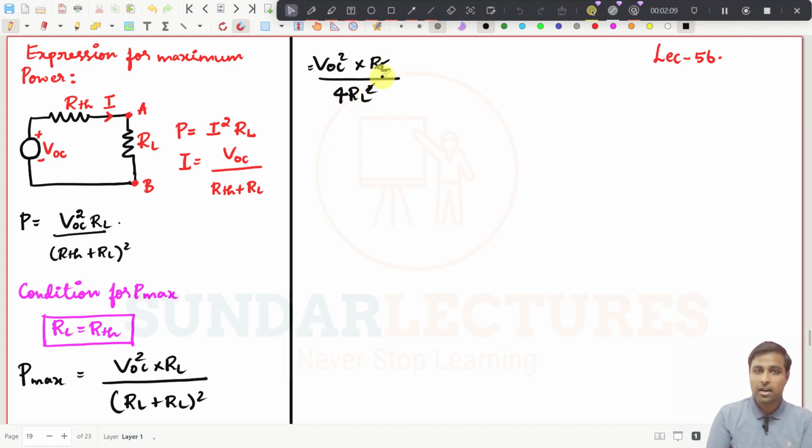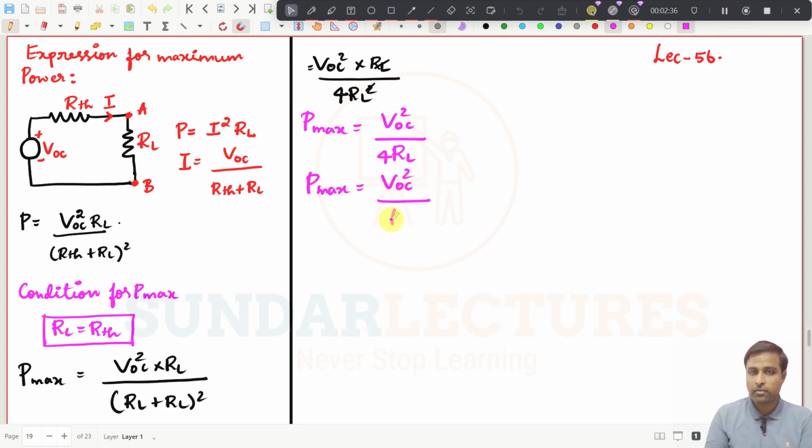And if you cancel this RL and this RL, finally you will get Pmax equal to VOC square divided by 4 RL, or you can replace this RL with RTH, both are the same. Or you can write it as Pmax equal to VOC square divided by 4 RTH. So this is the expression.